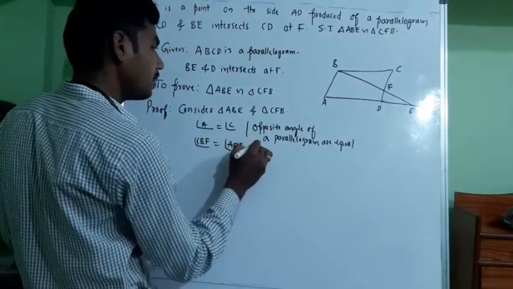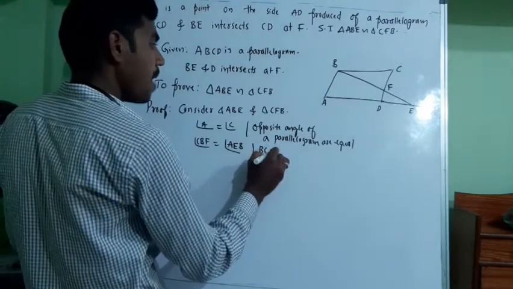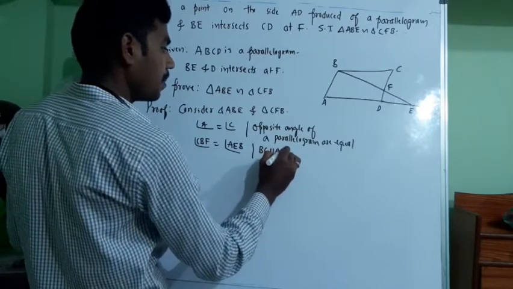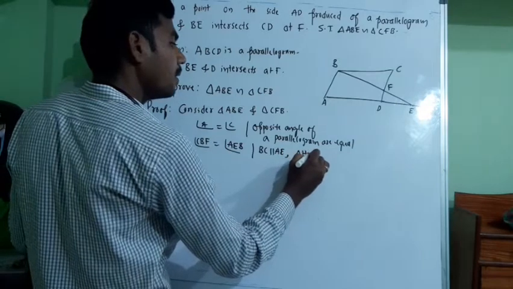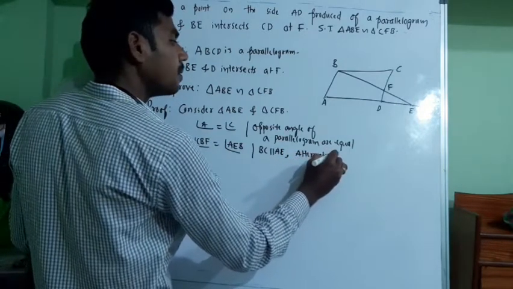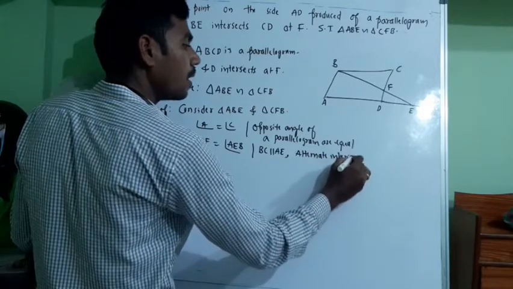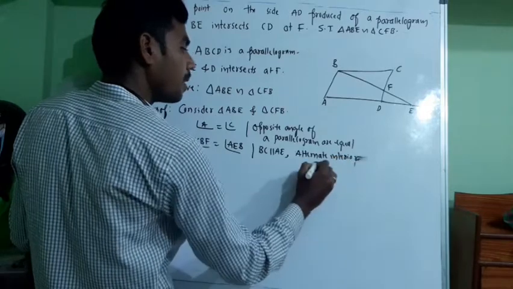Why? Because BC is parallel to AE and these are alternate interior angles.